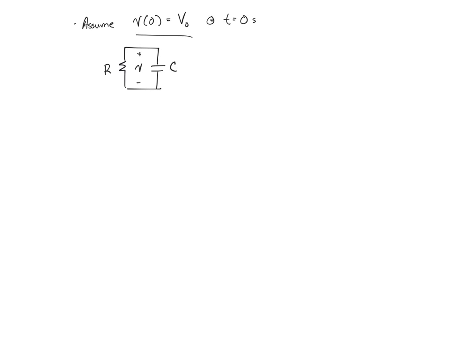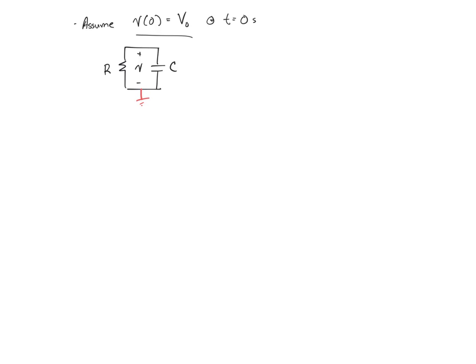So I'm assuming it's charged up initially to some DC value, V naught. And I'm going to derive the current that flows through this network, thereby finding the final output voltage V as a function of time. So in doing so, what I'm going to do is use nodal analysis.